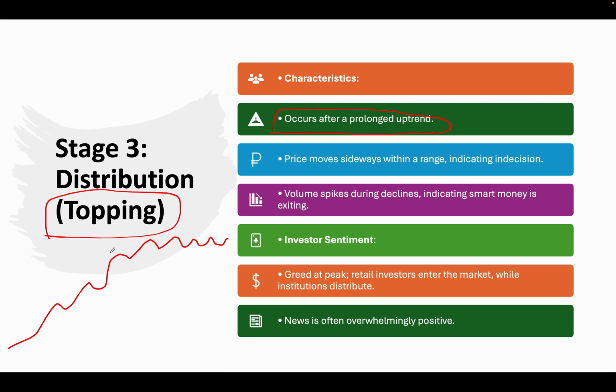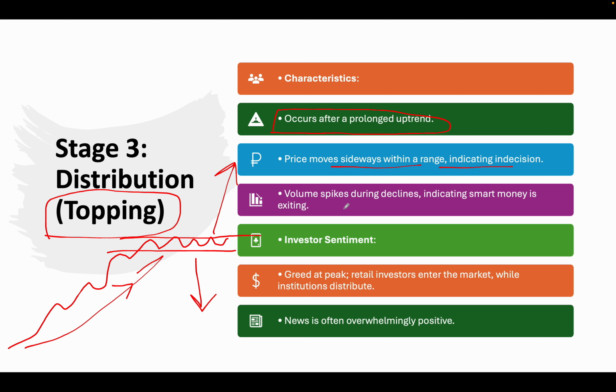This is the topping stage, where you have a clear top, resistance and support. Price moves sideways in a range indicating indecision. So prices are not able to break out at this particular level, and prices are not going below this level, and this is happening after a prolonged uptrend.